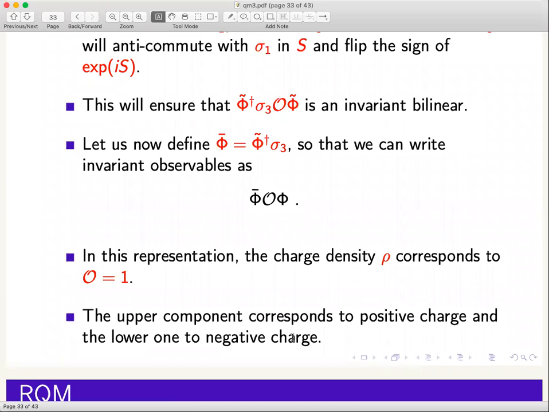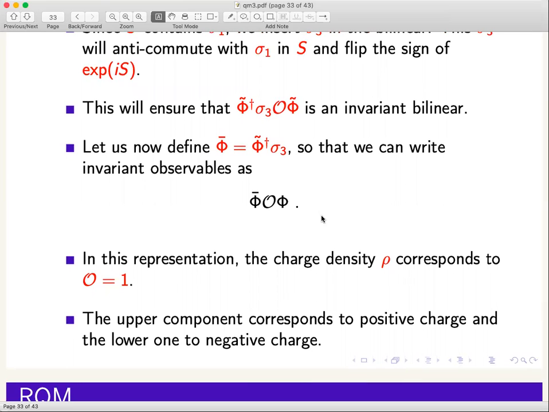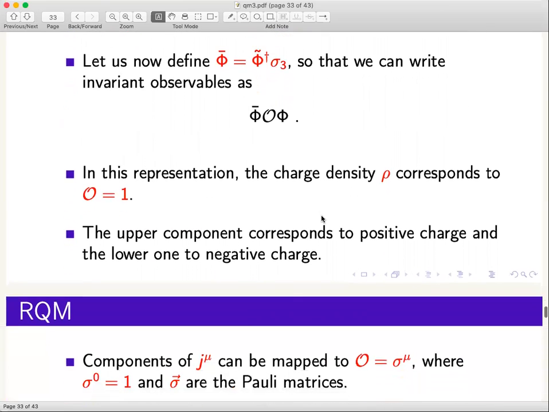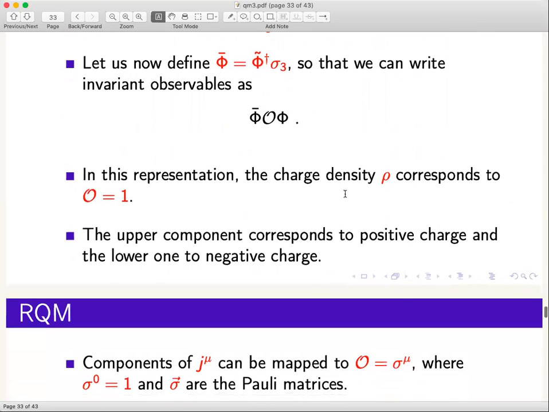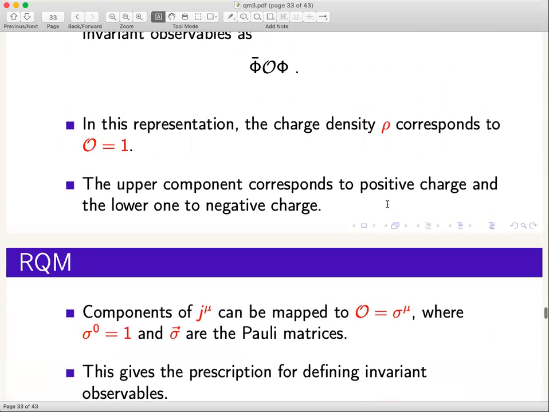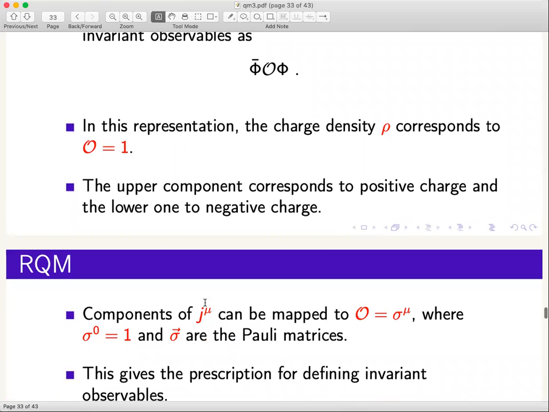Who is positive depends upon what is multiplying it. Let's say the upper component has positive charge, then the lower component would have negative charge. This way of formulating the Klein-Gordon equation makes it look very much like the kind of expression you would have written down in the Schrodinger equation case. The interesting thing is that instead of just looking at charge density, you can look at the entire current. If you look at the current, then you can write down J mu in terms of the operator O, which is sigma mu.